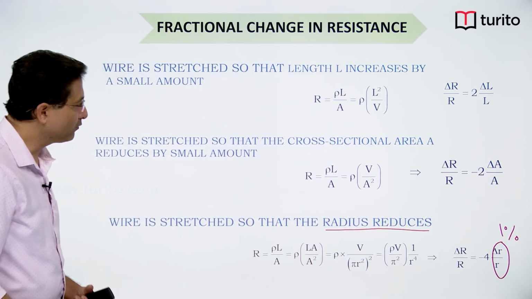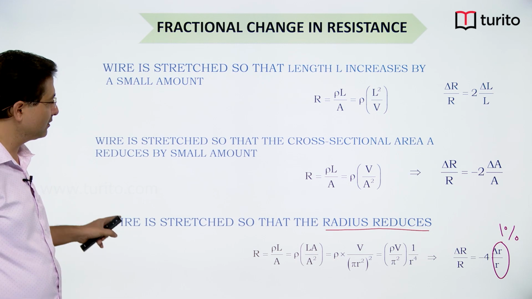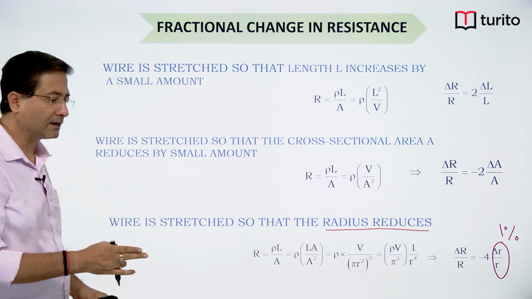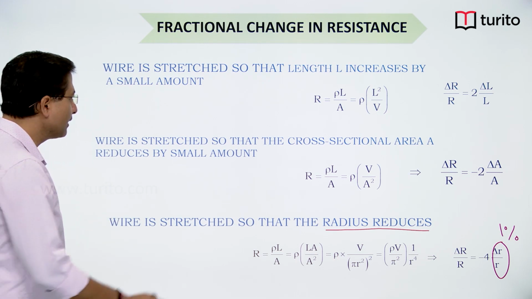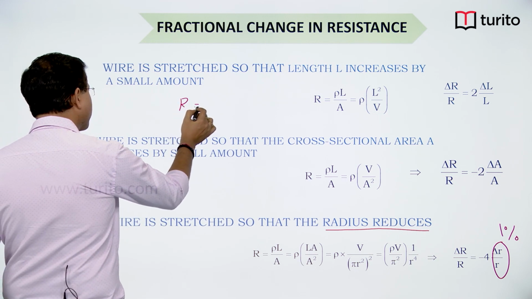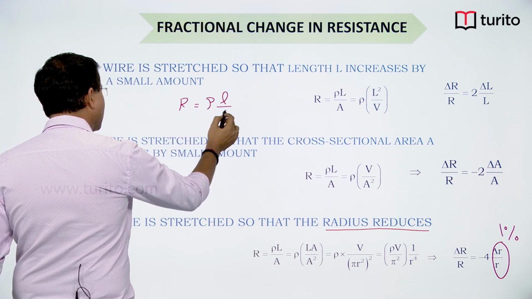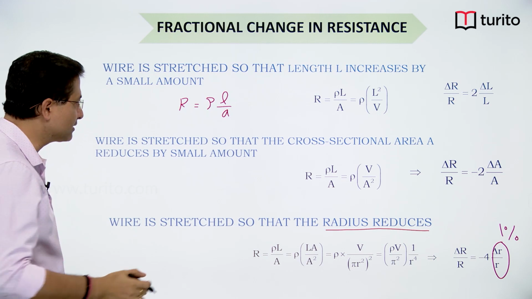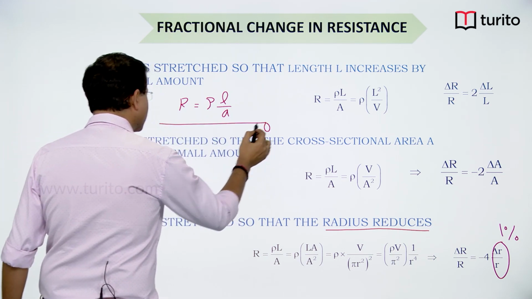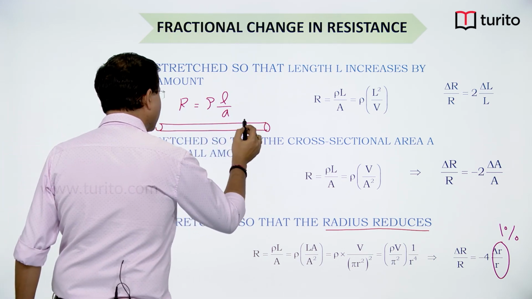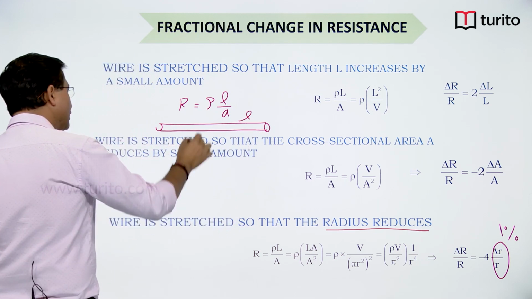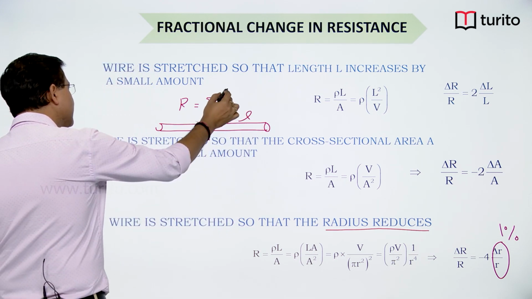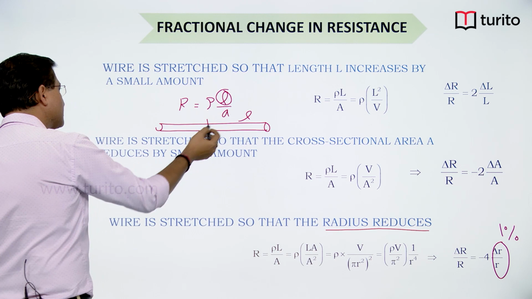If we are stretching the wire, the situation will be different from cutting the wire. R is equal to rho L upon A. If I just cut the wire into 2 pieces, this total length was L, then this length will become half and resistance will become half.